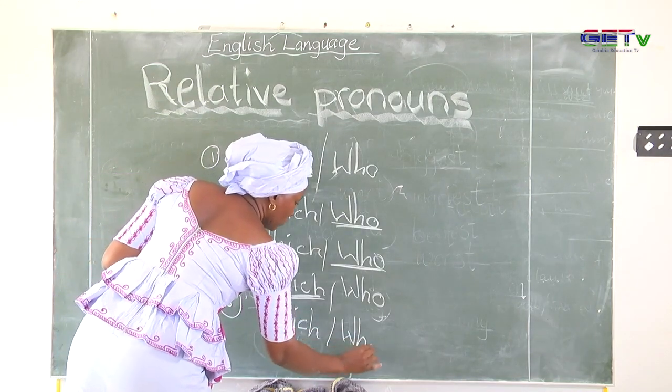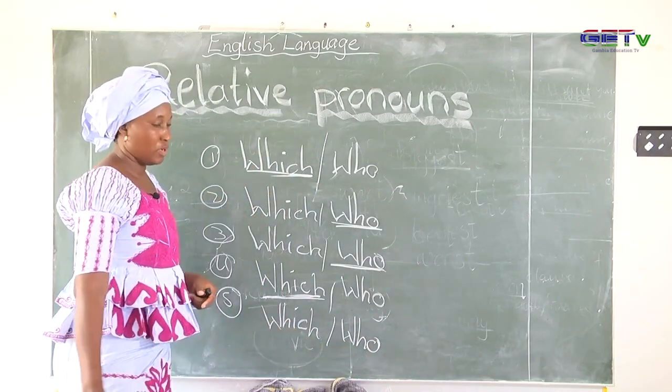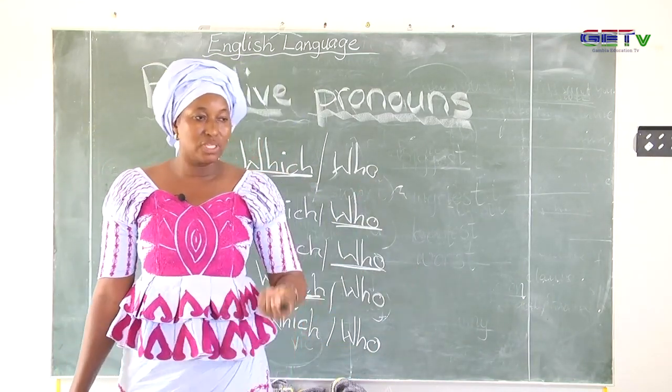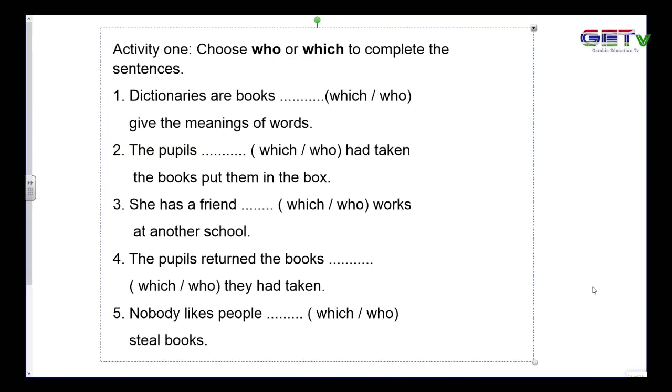Who? Nobody likes people which steal books. Nobody likes people who steal books. So the correct one here is what? Who. Referring to people here. So we say nobody likes people who steal books.